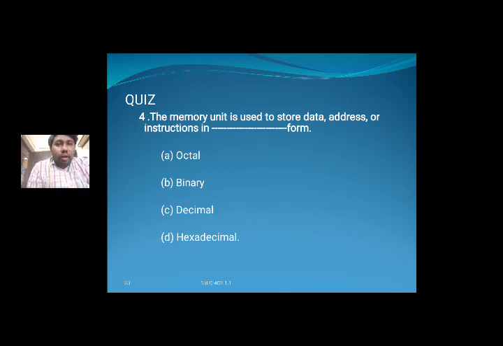Options: octal, binary, decimal, and hexadecimal. Answer is option D, hexadecimal. The memory unit is used to store the data, address, or instructions in a hexadecimal form.